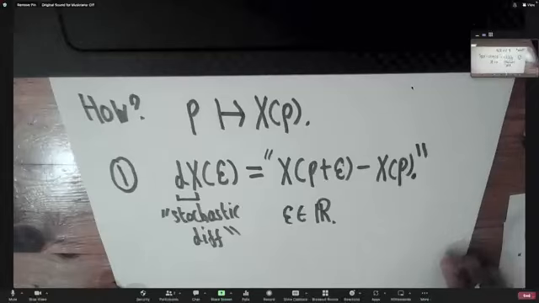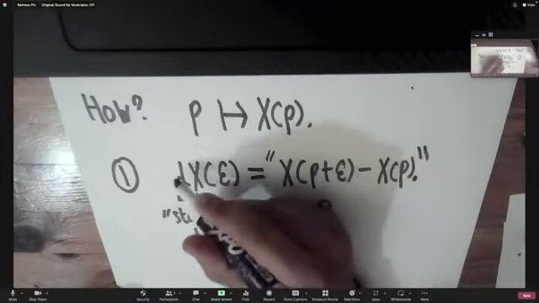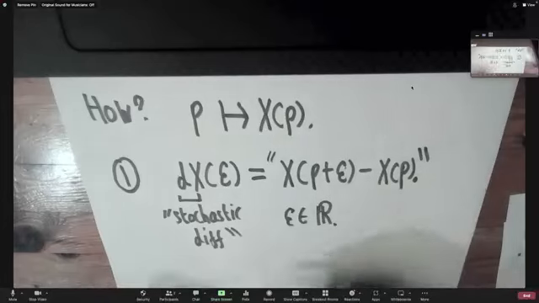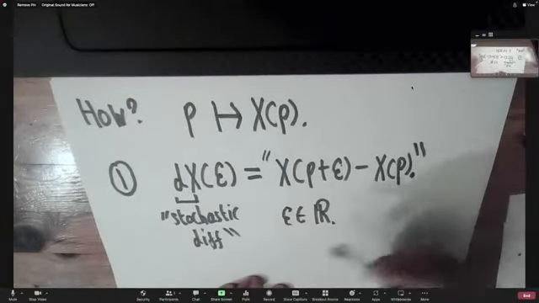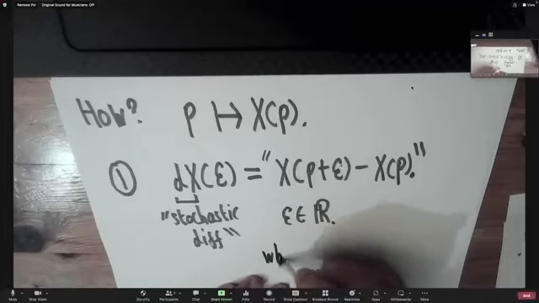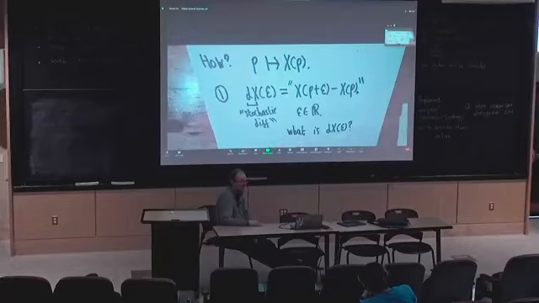Now you have to ask what sort of object is this dx of epsilon? Maybe this is something I can ask the class: x of p was a random variable and so forth. So what is dx of epsilon? It's a random variable, was the answer.